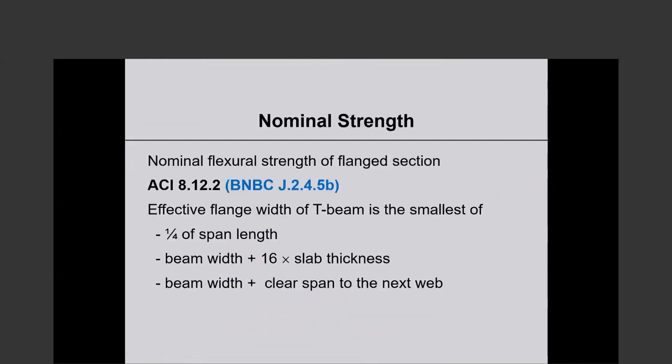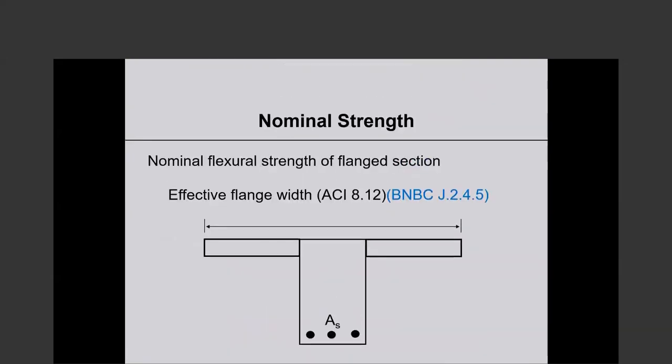Beam width plus 16 times slab thickness, 8 times the slab thickness on either side. So the beam width plus 16 times the slab thickness, 8 on either side. Number 3, beam width plus clear span to the next web. So on either side, the beam width, and we go halfway to the next beam.